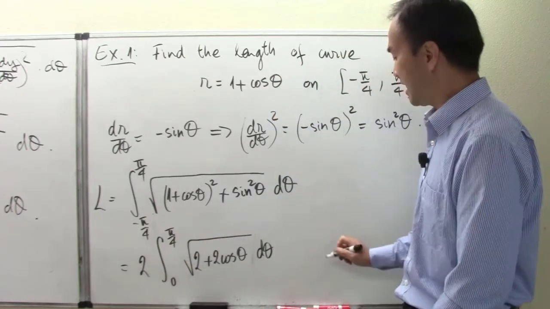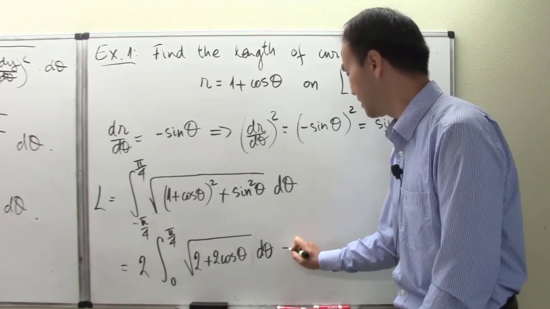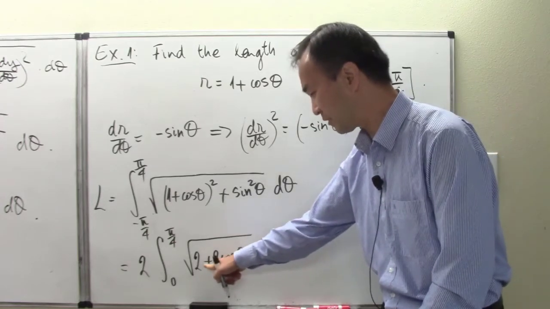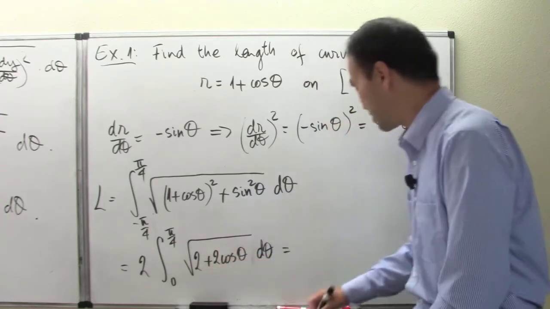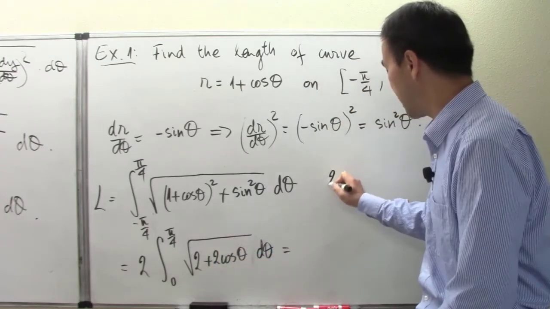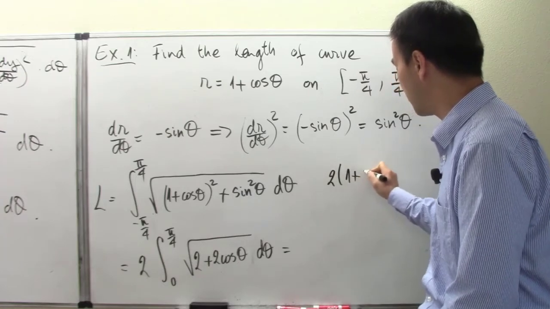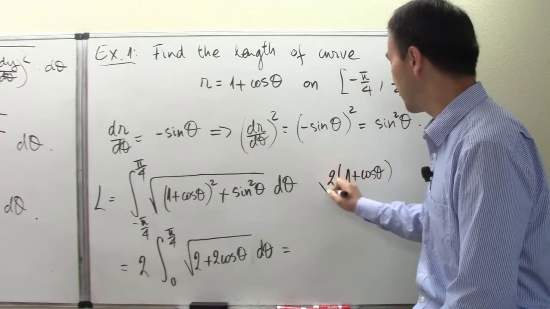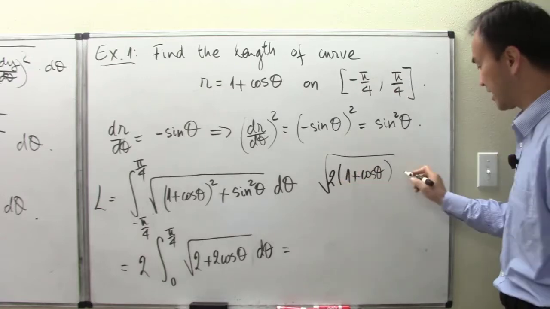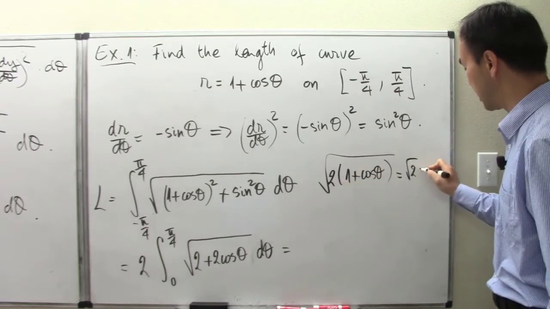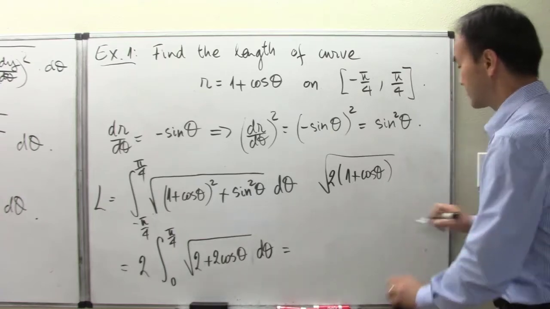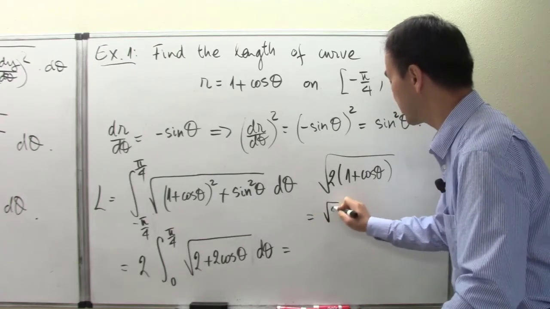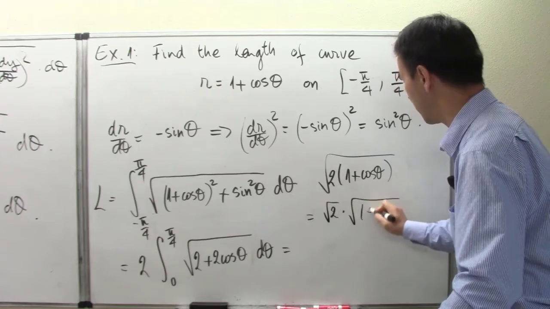All right, so now I am going to think about inside the root here, we have a common factor of 2. So as scratch work, we can factor it out, and it becomes a 1 plus cosine of theta. Bringing that outside of the square root, we're looking at the square root of 2 times the square root of 1 plus cosine theta.